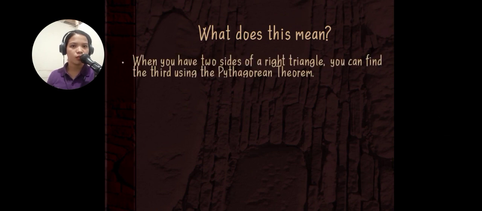It means when you have two sides of a right triangle, you can find the third using the Pythagorean theorem. The Pythagorean theorem is very useful in solving right triangles, making it easy to derive the correct answer.